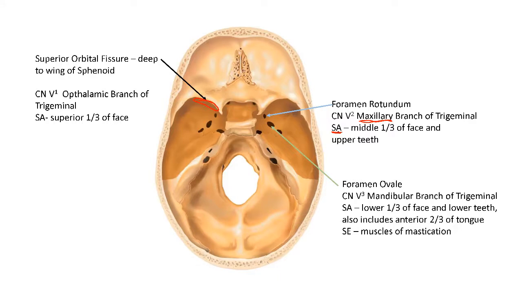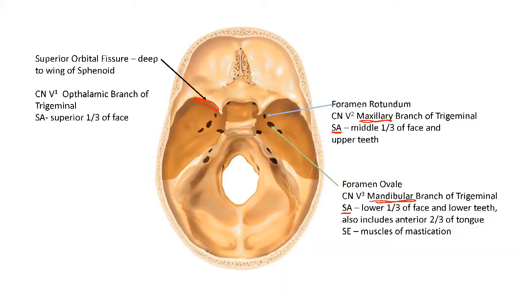And then finally, we have the foramen ovale for the mandibular branch of the trigeminal. So it's 5 part 1, 5 part 2, 5 part 3. If you think of your face starting at the top, we have 1, 2, 3 parts. Those are the 3 parts of the trigeminal. We still have SA to the inferior third of the face and the lower teeth.